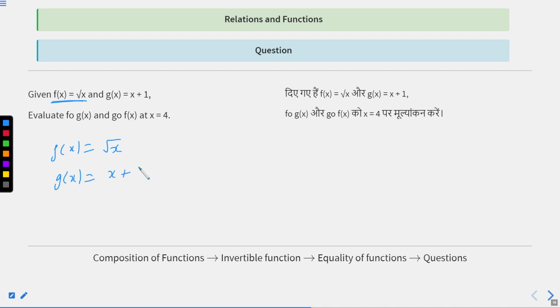Now evaluate f of g and g of f at the input when input is 4. So this is what we need to find out. We are considering that all the necessary conditions are satisfied for this question, because if not, then we cannot find out the composition.